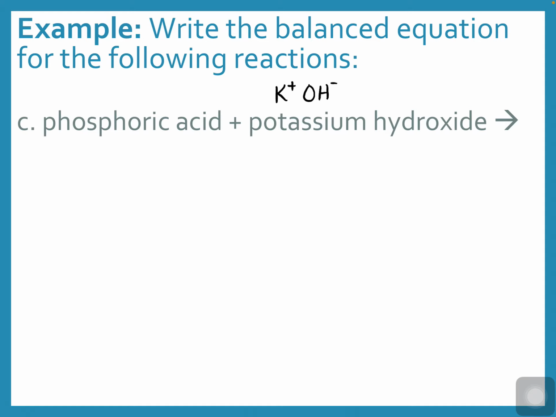For acids, when the polyatomic ion ended in ate and that's dropped off, and we have ic acid on the end of it, what that means is we had a hydrogen that's paired with the polyatomic ion.